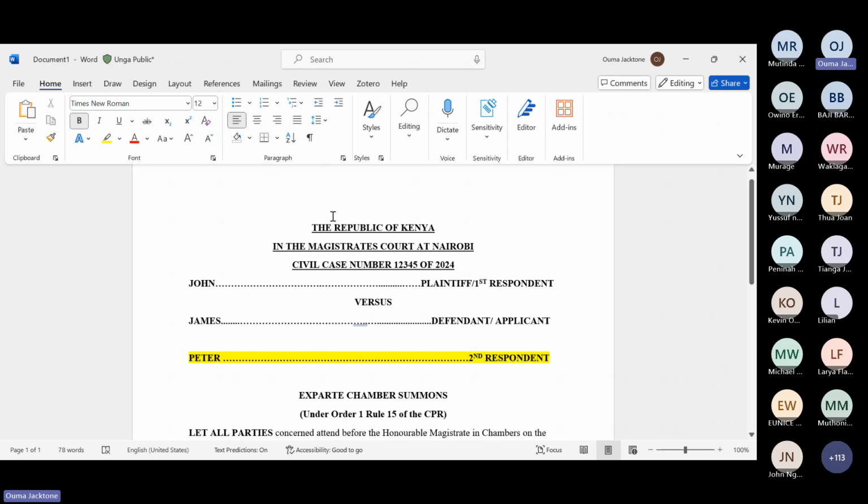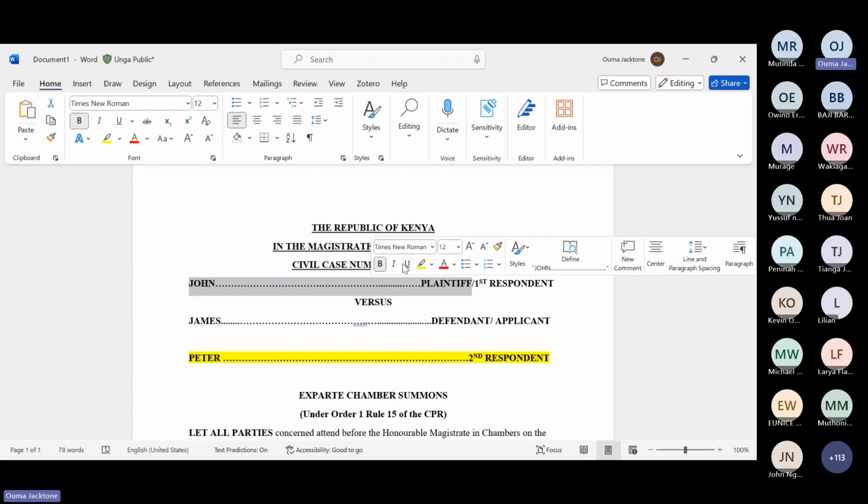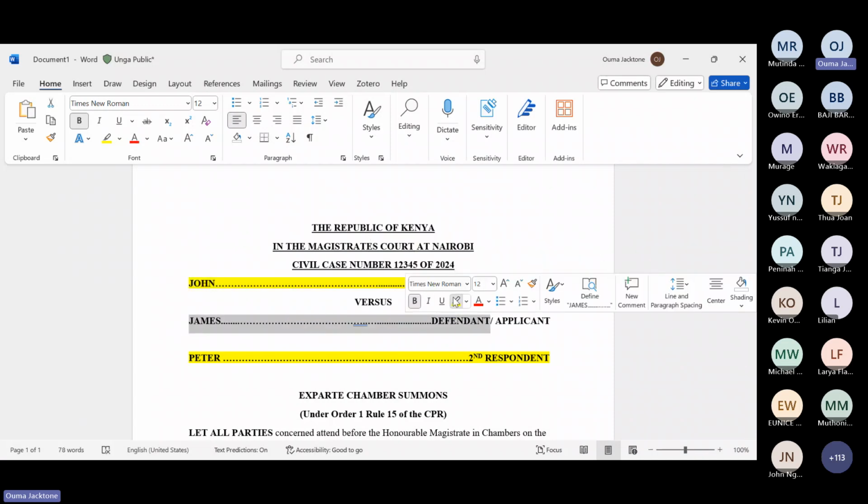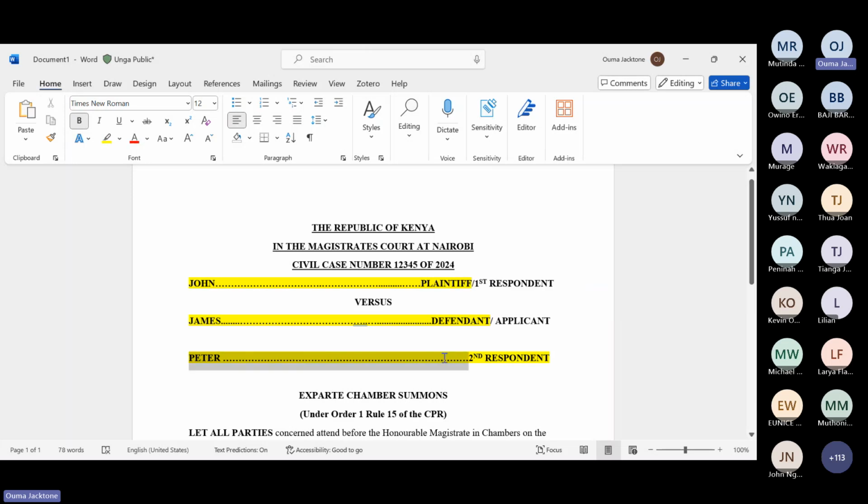Okay. Now, remember that this is an application that is being made within the suit. Originally, we had John, the plaintiff, suing James, the defendant.